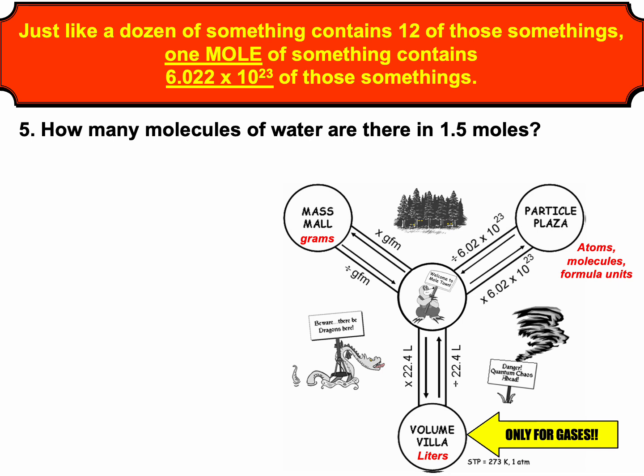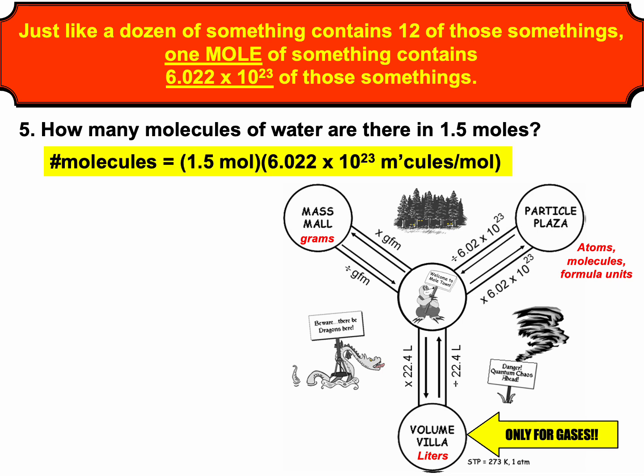All right, so now we're on a different part of the mole town. The question is, how many molecules of water are there in 1.5 moles? So it says that we are starting from center of mole town. Oh, lost my pen. Center of mole town, right there. And we're trying to get to molecules.